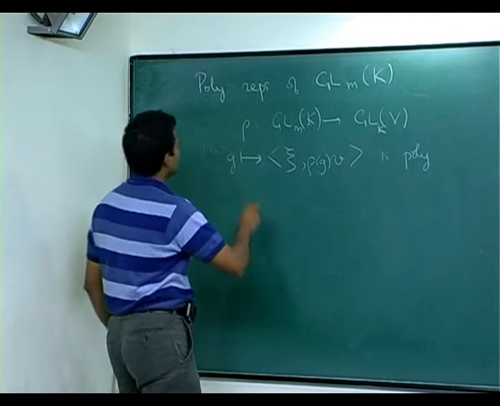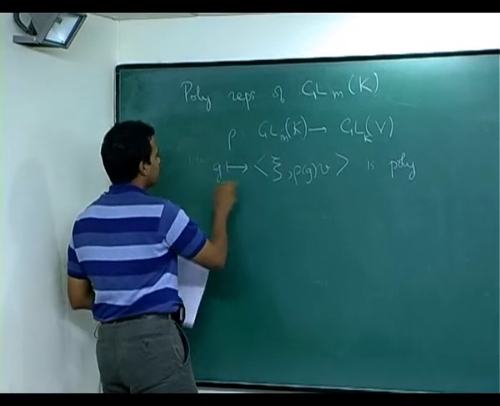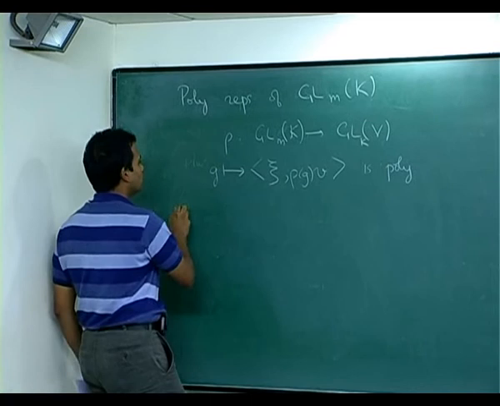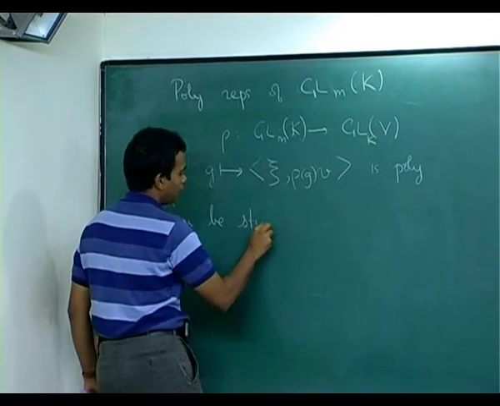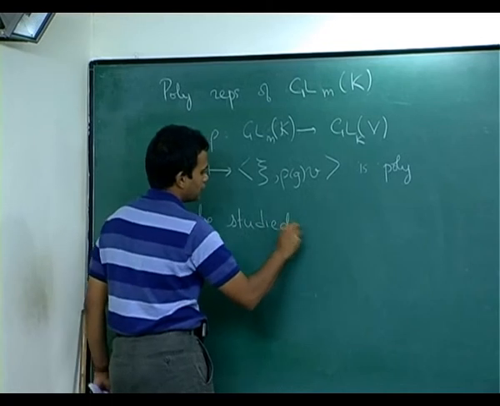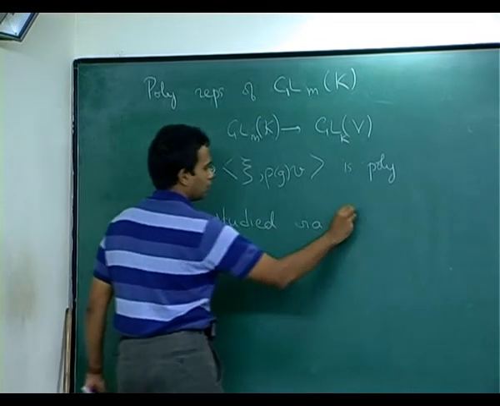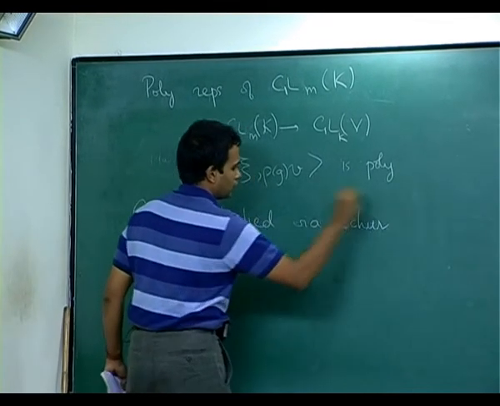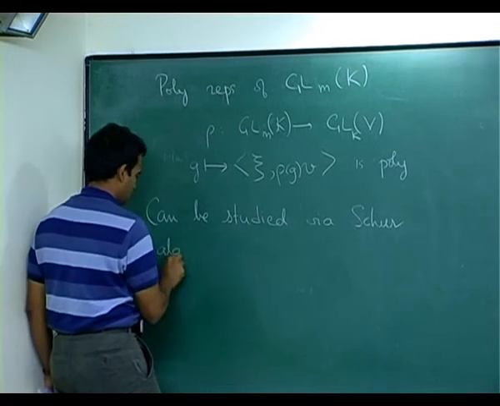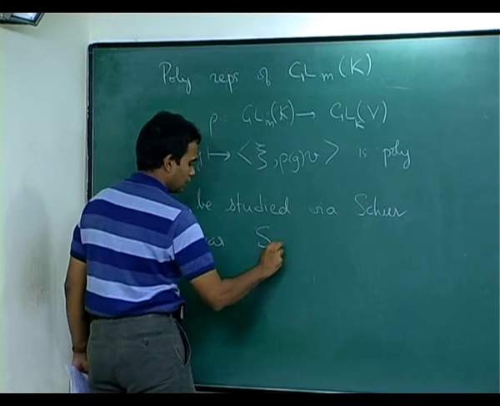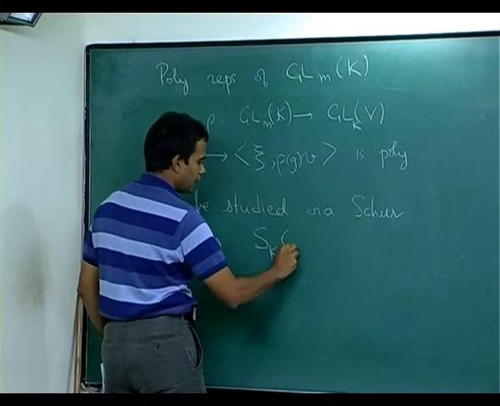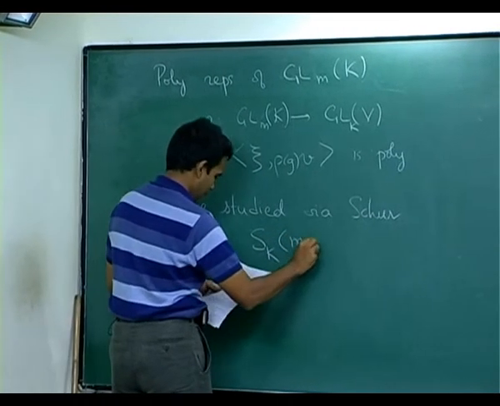And what we found is that such representations can be studied through Schur algebras. I had defined algebras S(K,m,n).